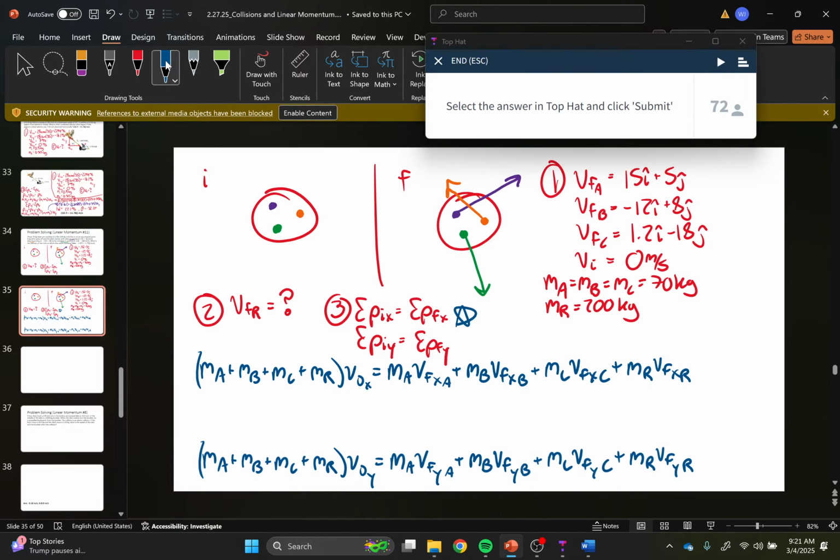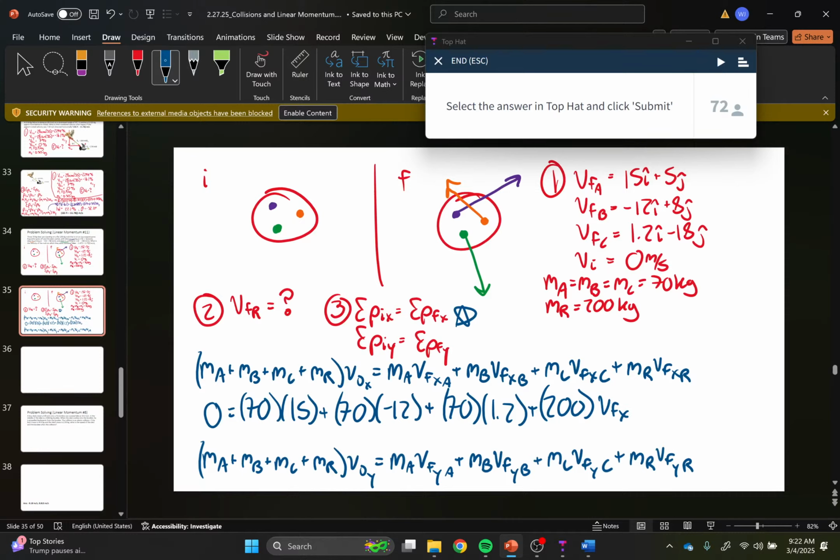All right, to spare me some writing, this first term is 0. So 0 equals 70 times 15 plus 70 times negative 12 plus 70 times 1 point something, plus rock 200 times v final x.